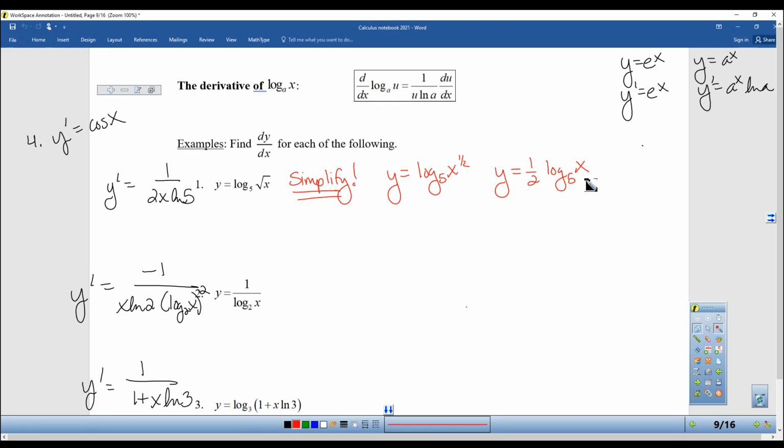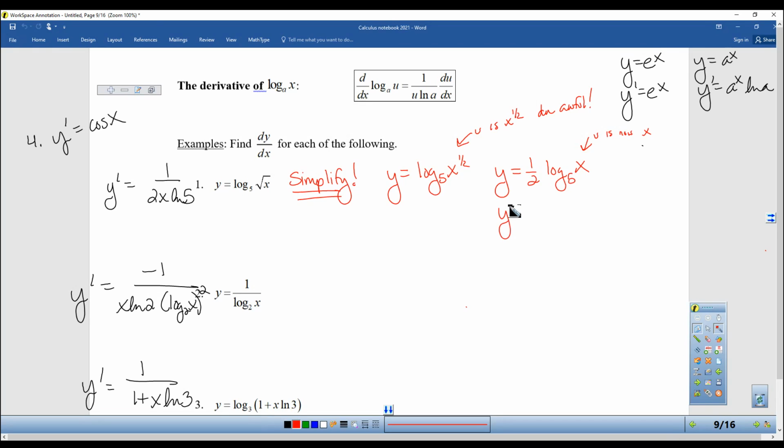And it's going to be so much easier if my u is now just x. Because when you take the derivative of u, it's going to be 1. Here, the u is x to the 1/2. du is going to be awful, right? So always want to simplify u if possible, which with logs is something you can do.